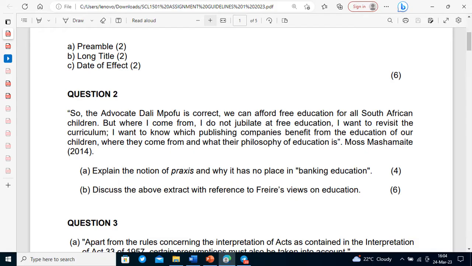All the memorandums which were uploaded in that group are going to appear. So scroll down to the tut letter 201 of 2020 semester 1 assignment 1, go to question 3, then you're going to find all the answers for A and B.